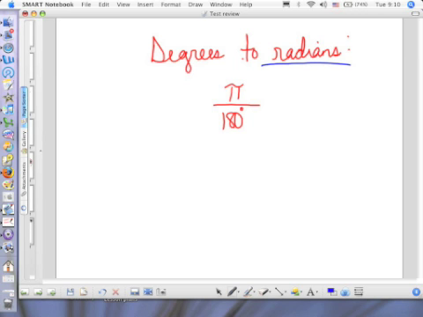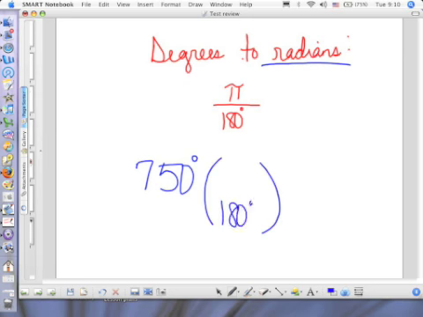Whatever I'm trying to get out of is in the denominator, so it will cancel. For instance, if you have 750 degrees, and I am asking you to turn that into radians. You want degrees to cancel.